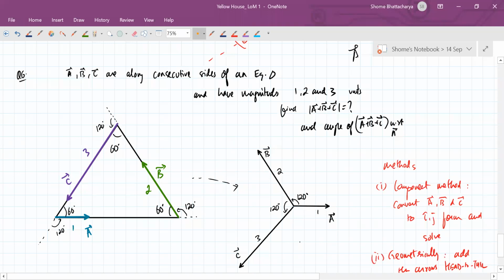Okay. So try this out by both these methods. Just take a minute or two if you haven't done this question before. Try the component algebra method first. It's the easy thing to do over here. I'll solve by both the methods.